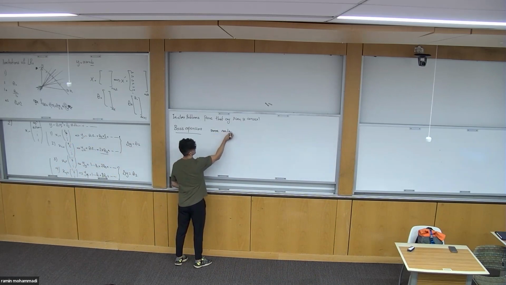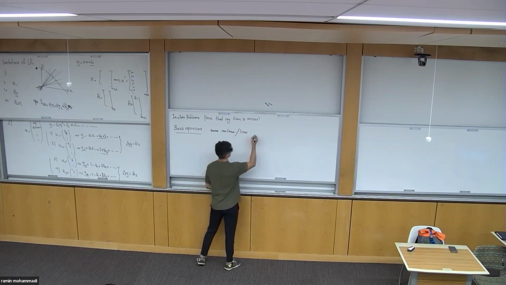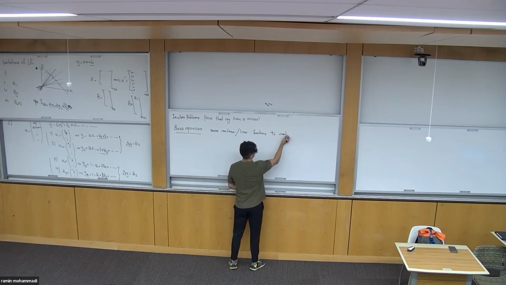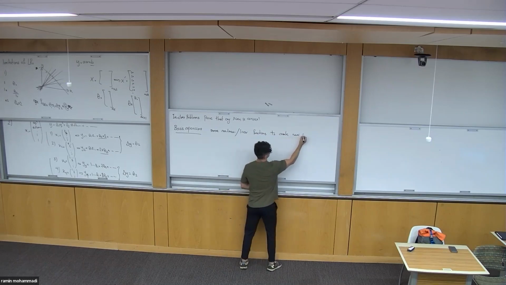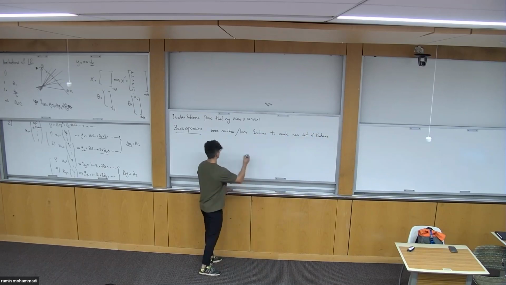So that's basis expansion. So basically some nonlinear, could also be linear, let's emphasize that, linear functions to create a new set of features. Now let's look at one example.